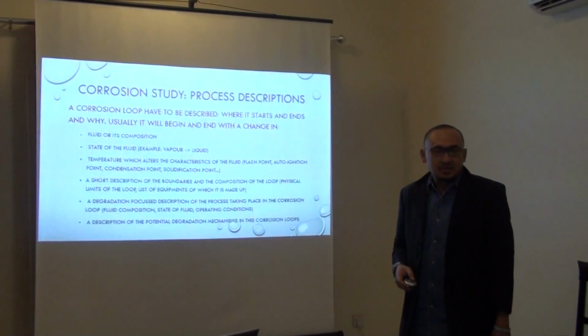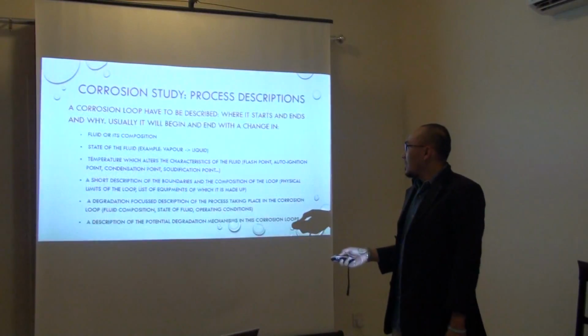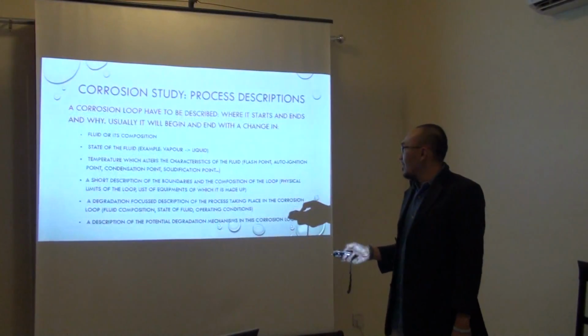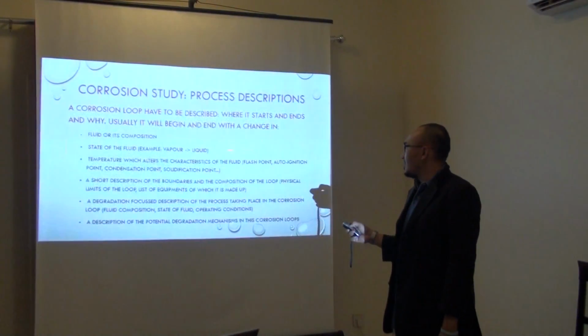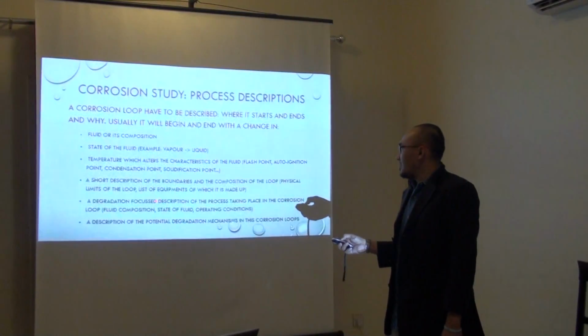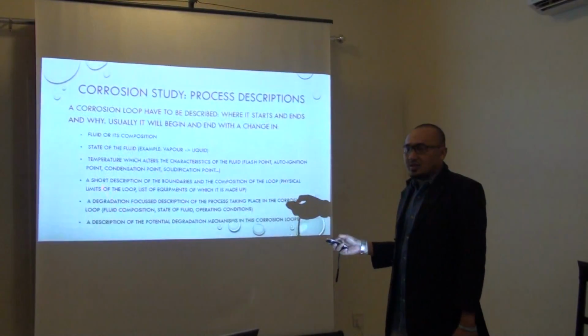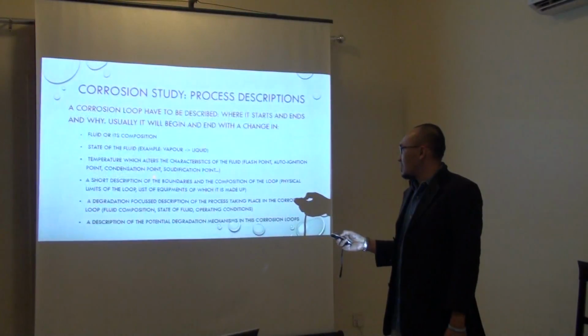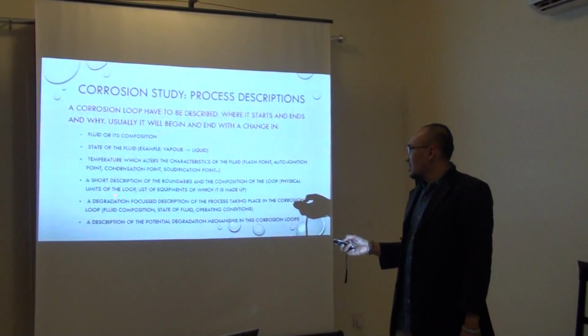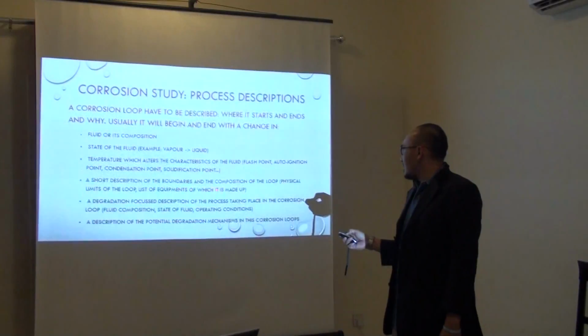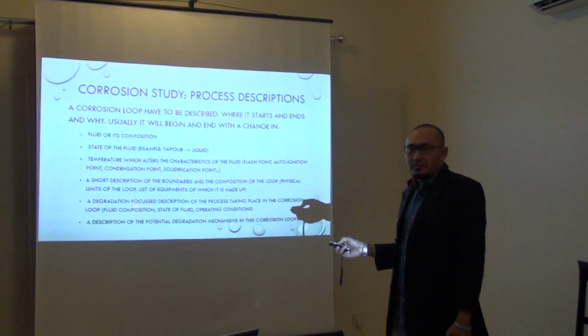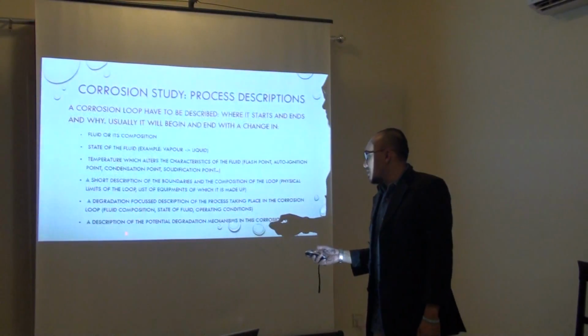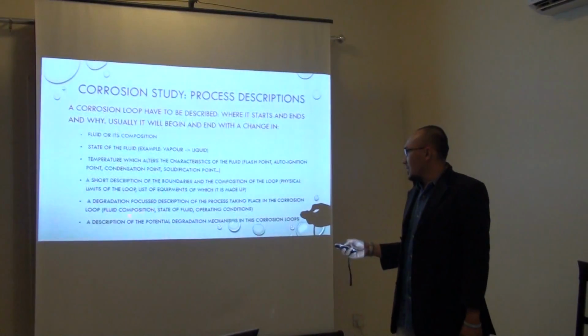In the corrosion study, there is a process description. From the process description, we can know the process from start up to the end. For example, the fluid, the state of the fluid, and the temperature of the fluid, the boundaries, and the completion of the loop, which means the physical limit of the loop. Then there is the degradation focus description, and the last is degradation potential and degradation mechanism.